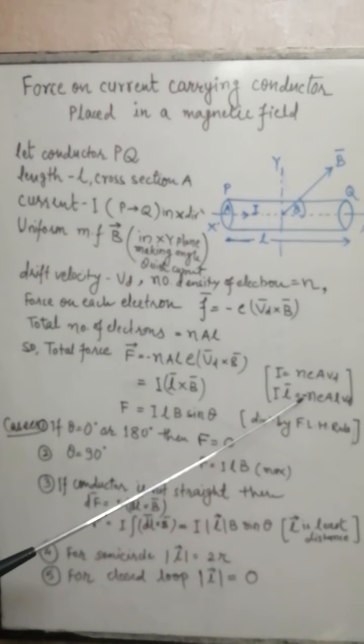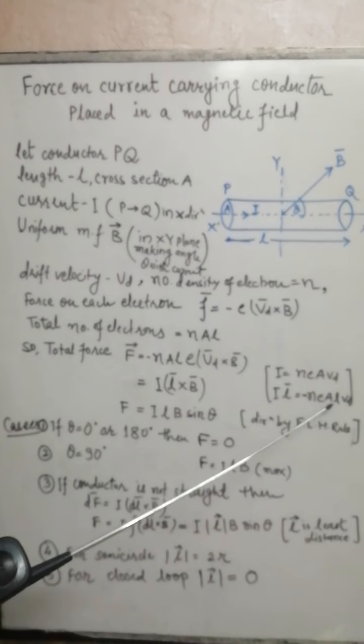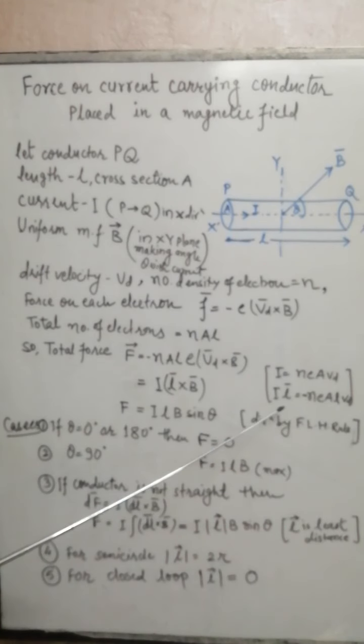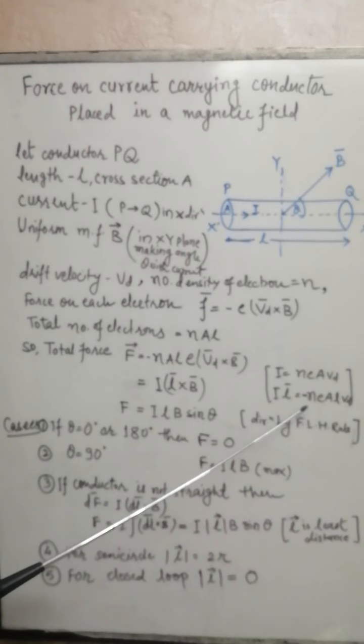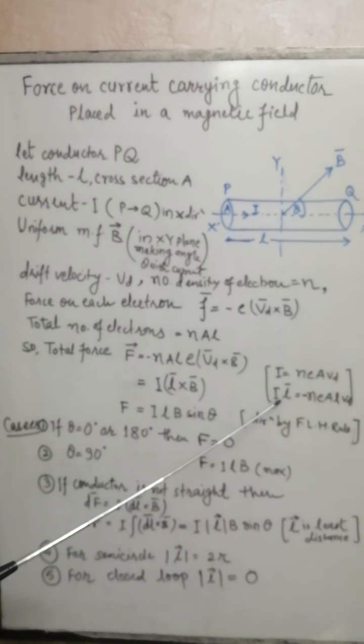IL is equal to this multiplied by L, so neALVd. And you know that direction of current is opposite to the direction of electrons. Current is always taken in the direction of positive charges. So we write a minus sign here.